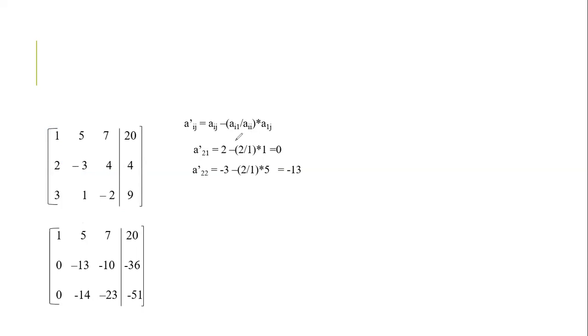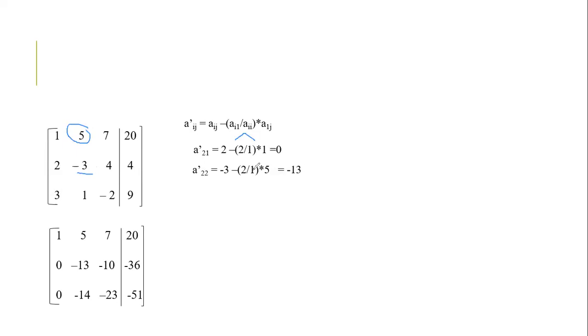Like I told you, the multiplier remains throughout the row, so the operation is applied throughout the columns of the same row. To reduce this, it's going to be -3 minus 2/1 times A1j, the value on top of it, which is 5.